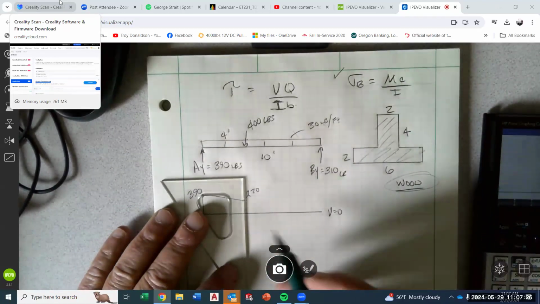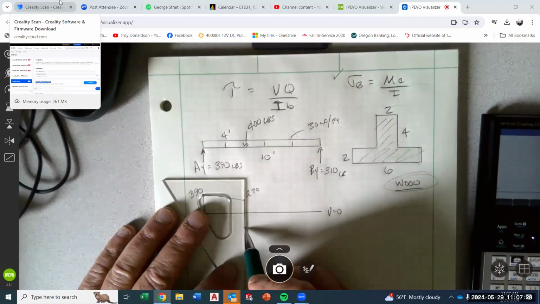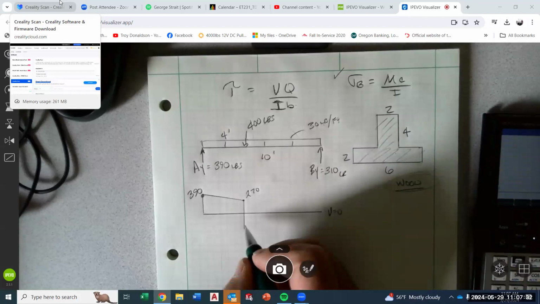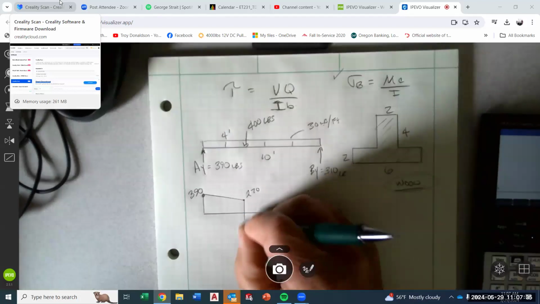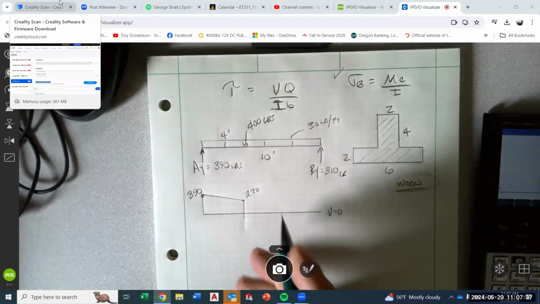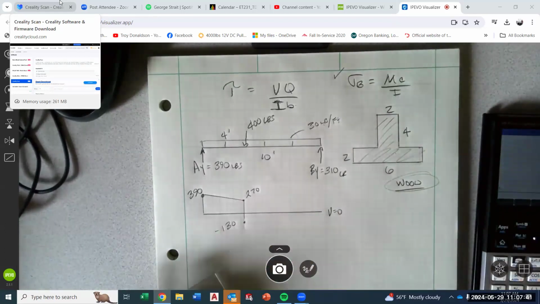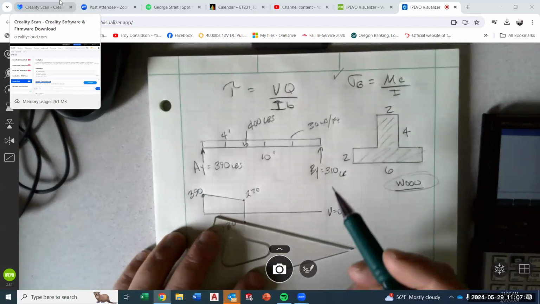And then it goes down 400. That's 130, so I'll make that a little shorter. And then it continues down.